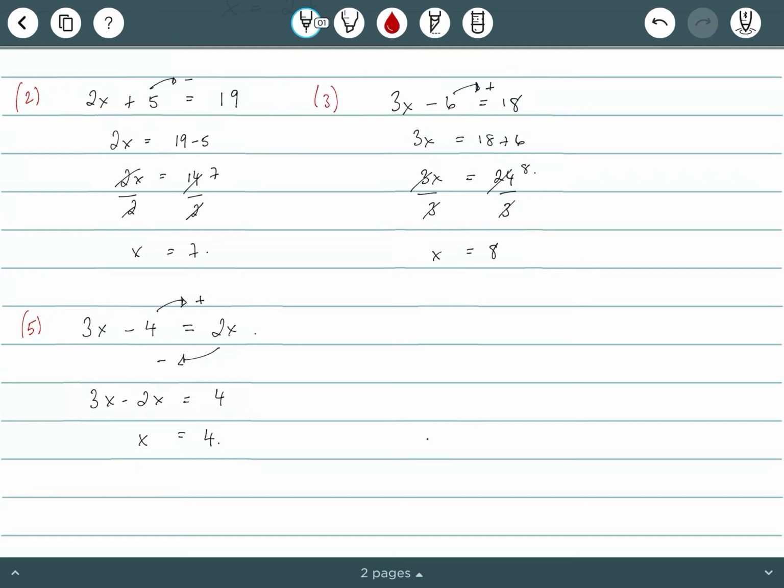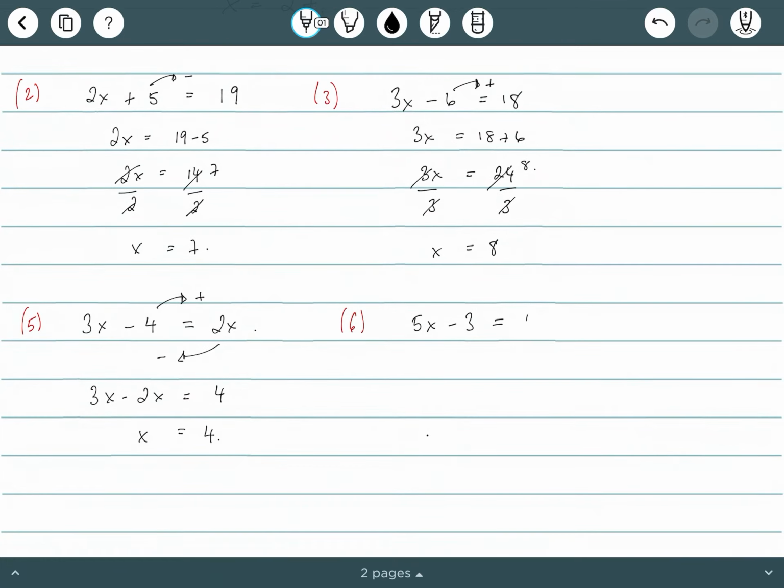Next question, question 6. When 3 is taken from 5 times a certain number, so 5x minus 3, the result is the same as adding 6 to twice that number, so 2x plus 6.